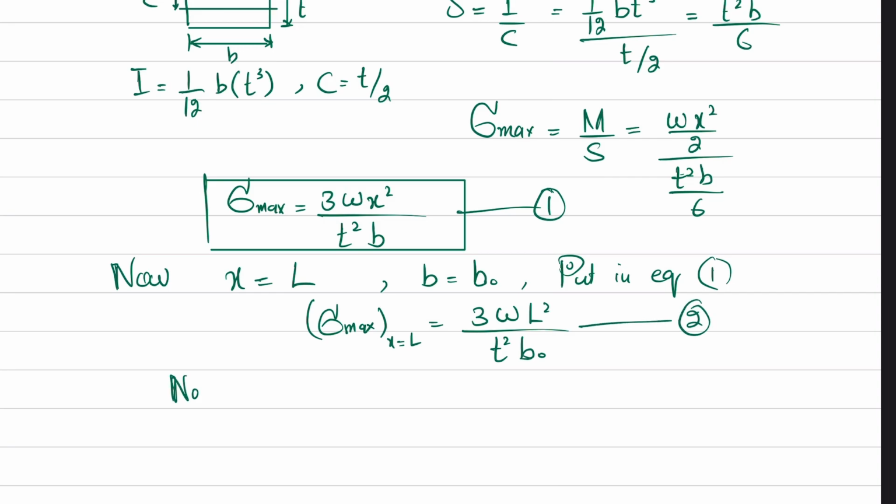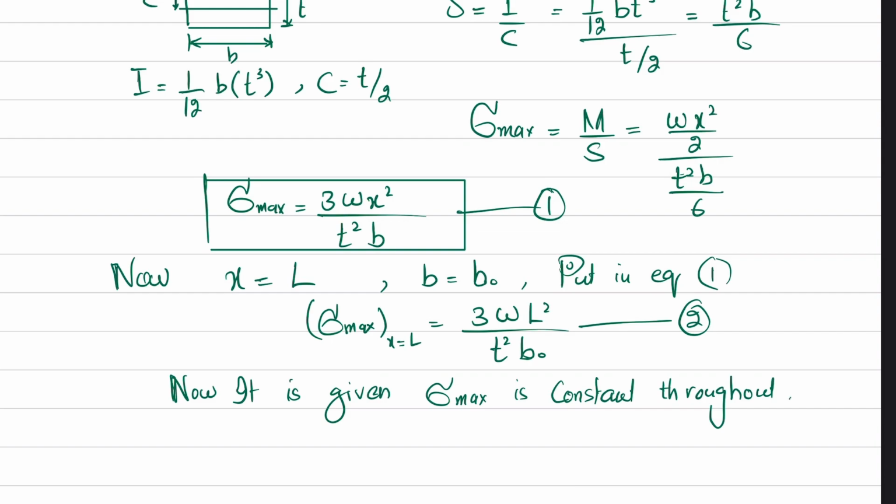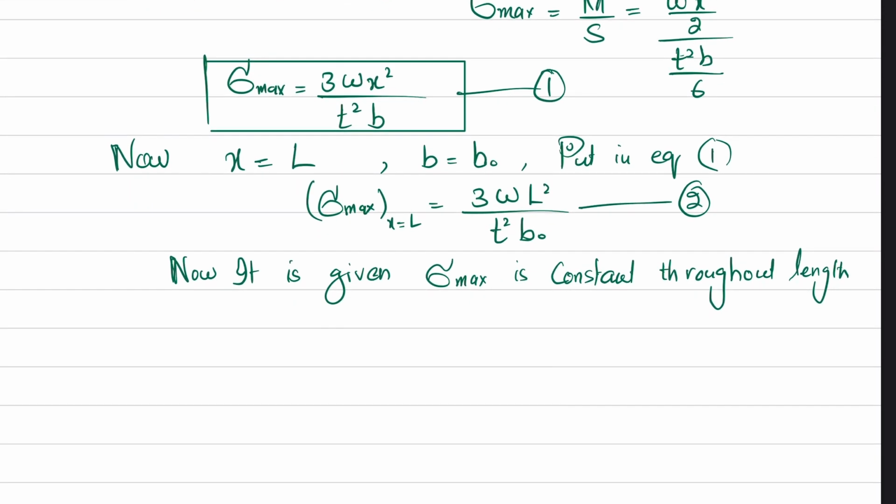Now it is given that sigma max is constant throughout the length. So what does it mean that at any length sigma is constant?